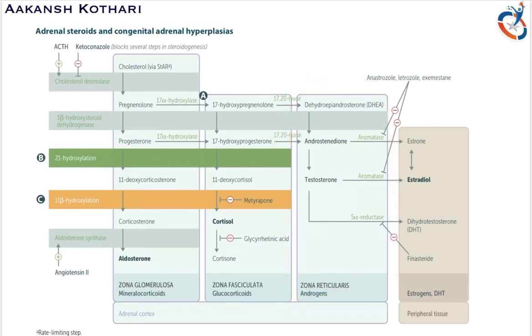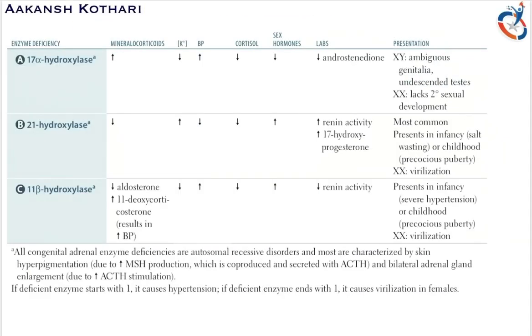The precursor molecule is cholesterol, and the three important enzymes are 17 alpha hydroxylase, 21 hydroxylase, and 11 beta hydroxylase. Is it clear? Now let us talk about deficiency of these three major enzymes, which leads to congenital abnormalities.